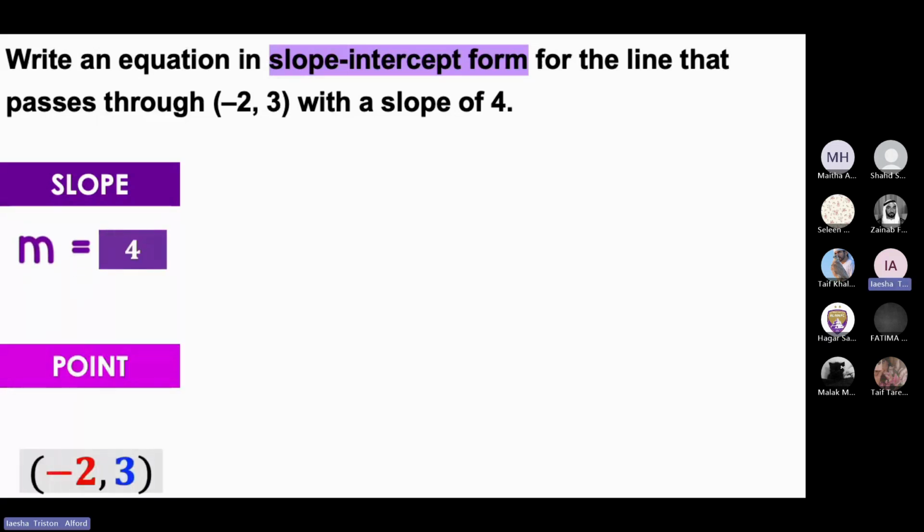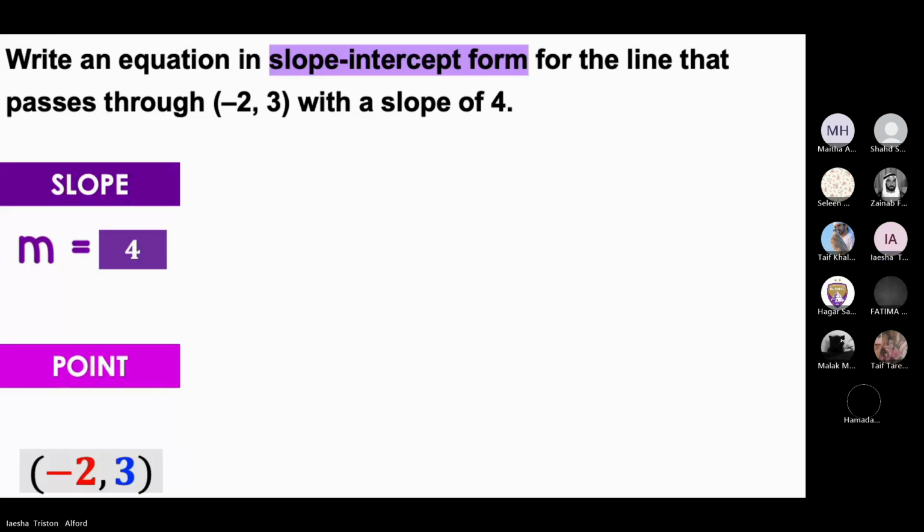Then we have our point. -2, we call it what? x1. And +3, we call it y1.